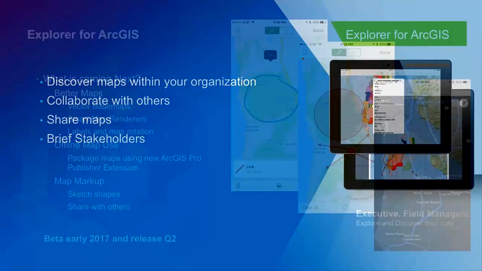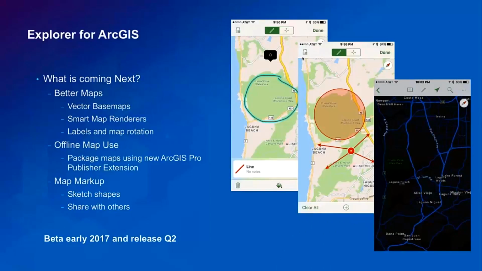But where we're headed with Explorer and what's coming next is we want to extend that reach to the project manager that needs to go out into the field as well. So you'll be able to take the maps, package them up through an extension with ArcGIS Pro, and then tear them off and take them out to the field with Explorer, and support all of the new mapping capabilities that we've been talking about as well, with vector-based maps and all the renderers and map rotation and whatnot.